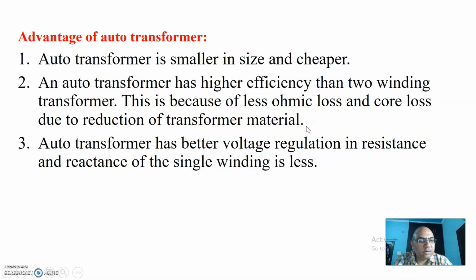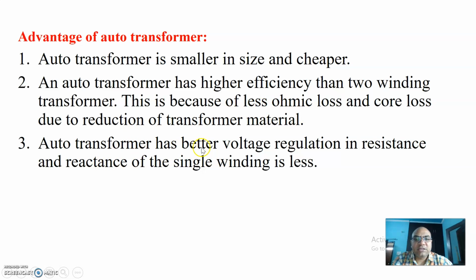Obviously, if you are using only a single winding, then you are using less resistance, and the single winding is in one place, so the leakage value will be very less, and since the leakage value is very less, obviously the core loss reduction will be more, and you can say that your efficiency will increase.